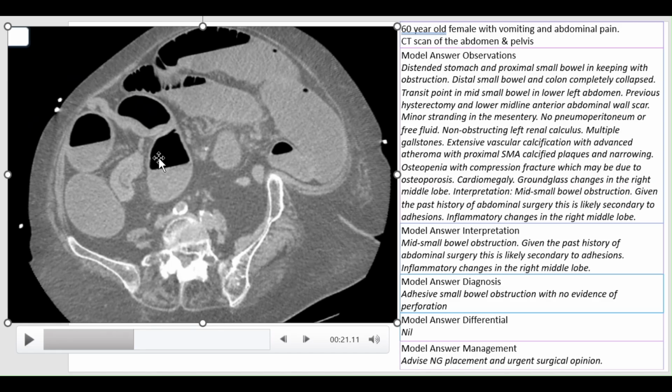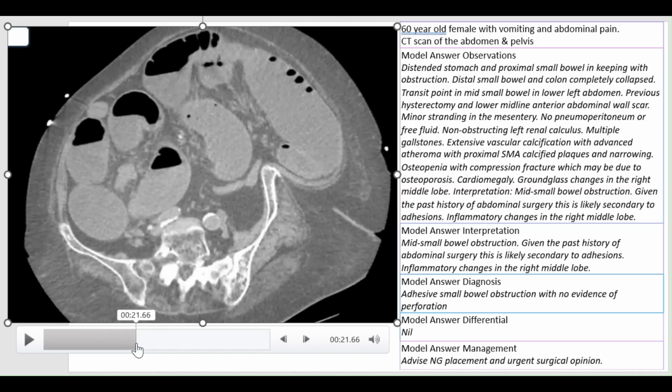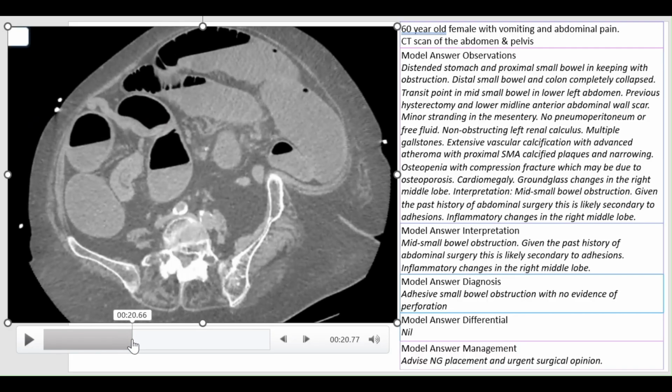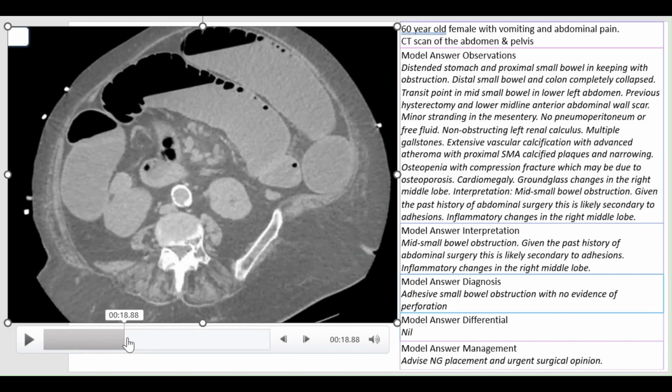This ileal loop will turn into a collapsed loop here. So the distended ileal loop here will be collapsed on the next cut. Can you see this?